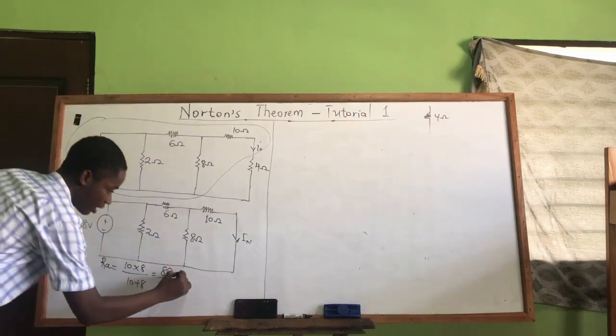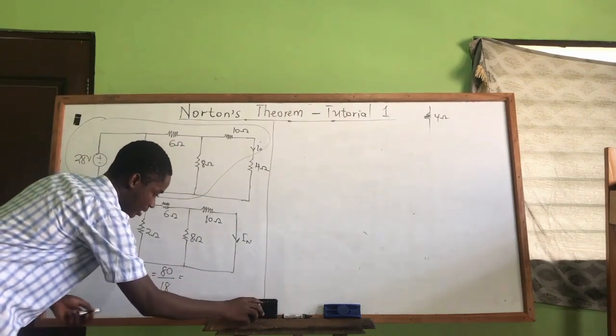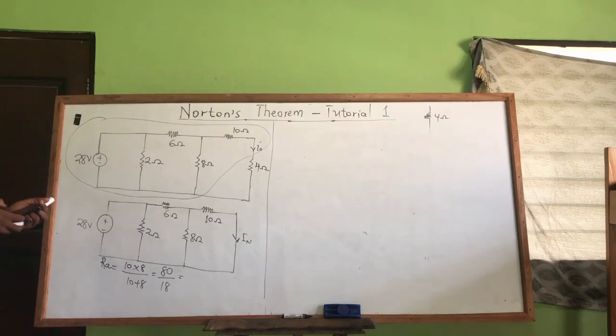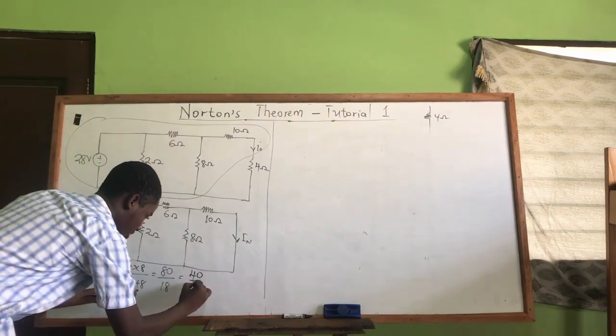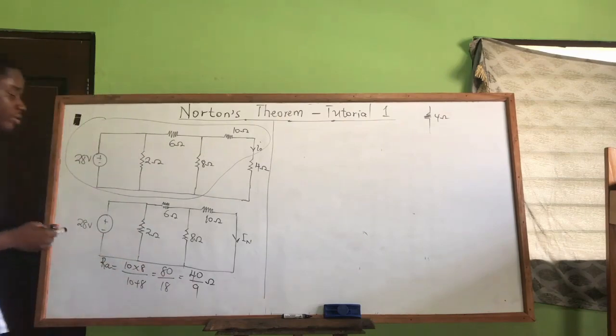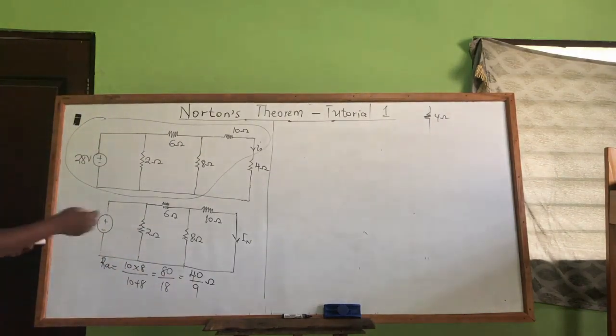Let's do some small cancellation. That gives us 40 on 9 ohms. So 40 on 9 ohms is the equivalent here.